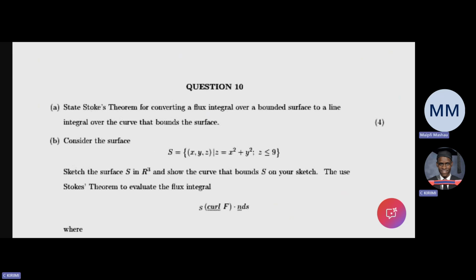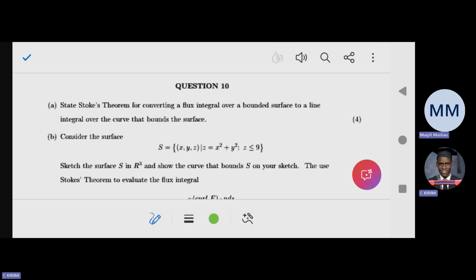At that time, you saw your sphere was like this. At that time, your sphere was going upwards. But this time, the sphere must be less, going downwards. It means the orientation will be downwards. So your Z is less than or equal to 9.